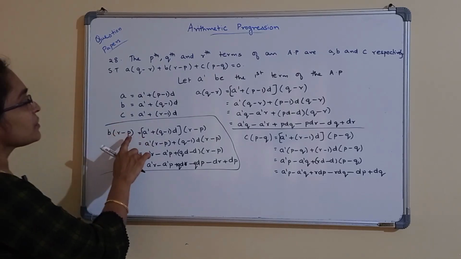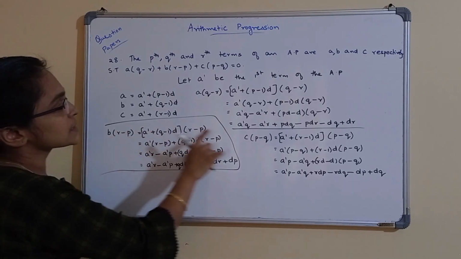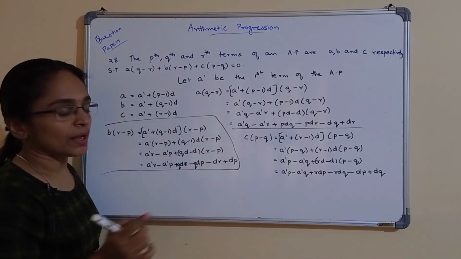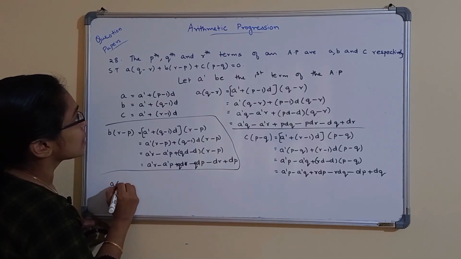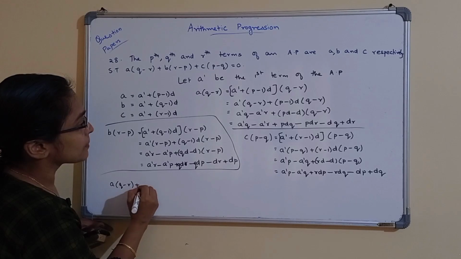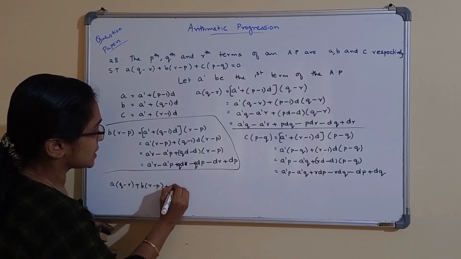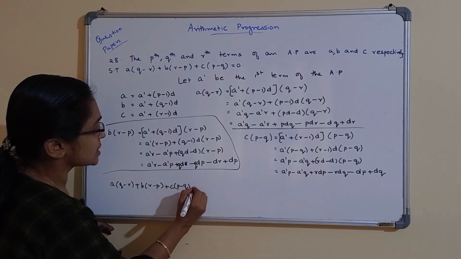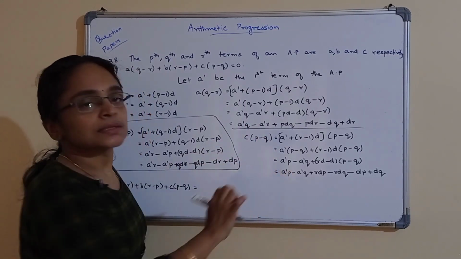So, we can add this: a(q - r) + b(r - p) + c(p - q) is equal to this plus this plus this.